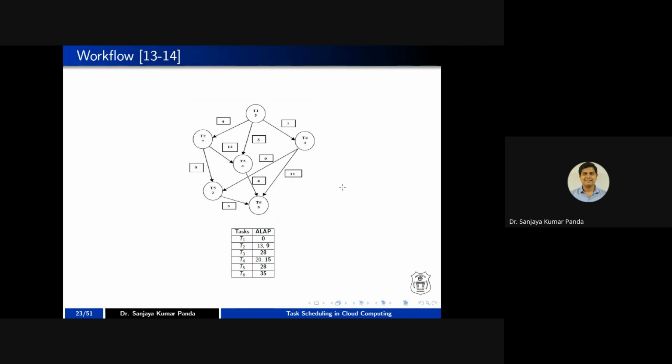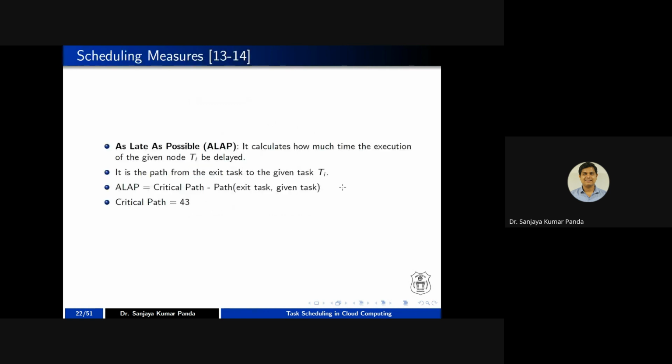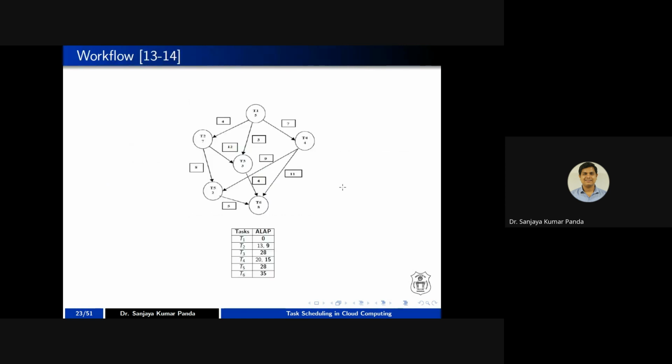For example, for all the tasks, what is our critical path? 43, right? Now, if you go for T6, T6 computation time is 8. What I said here, exit task to the given task.